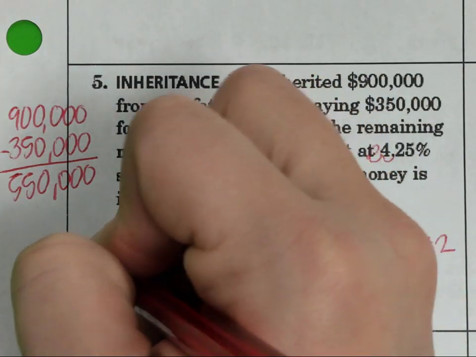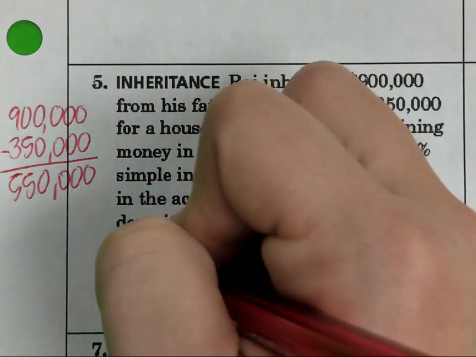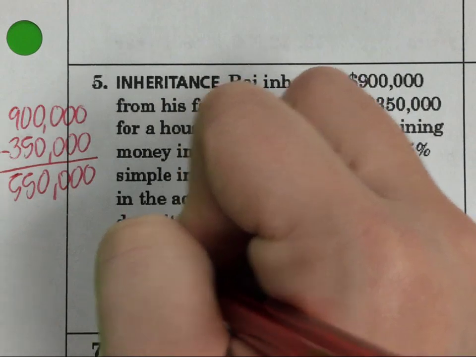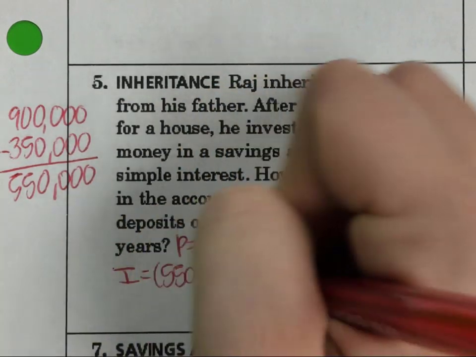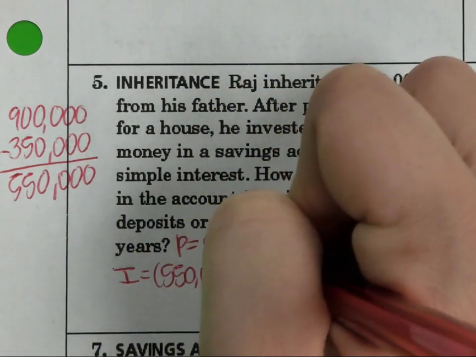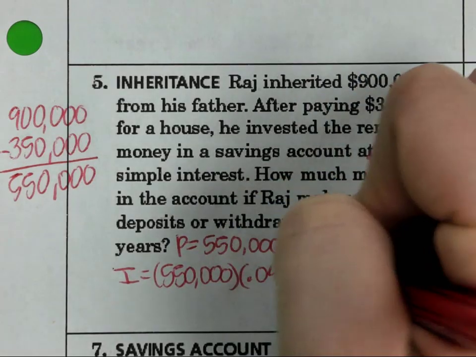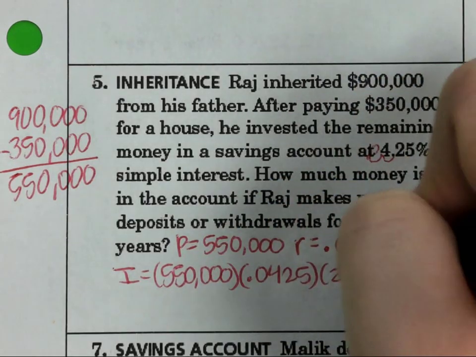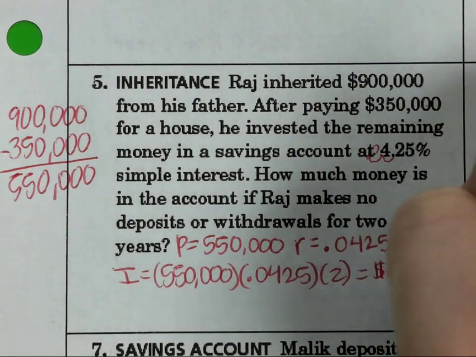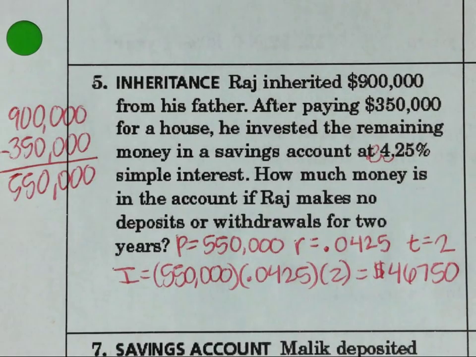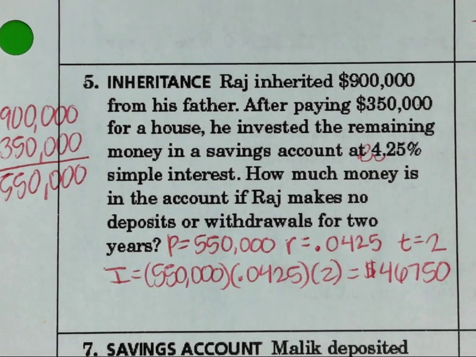Okay, so when I multiply all those together, tell me that answer again, Braylon. 46,750. So he earned, in his savings account after 2 years, an extra $46,750.